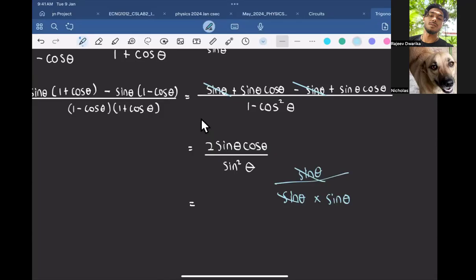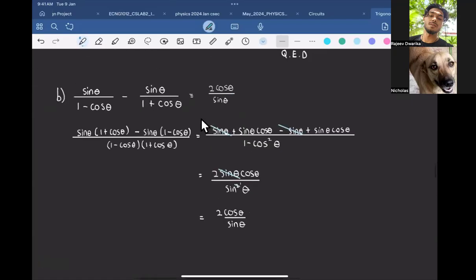Sine to the power of 1, which is just sine theta. So we cancel off the sine theta, and the number 2 stays. So what's my final answer then? 2 cos theta over sine theta. That's it. And that's your proof.